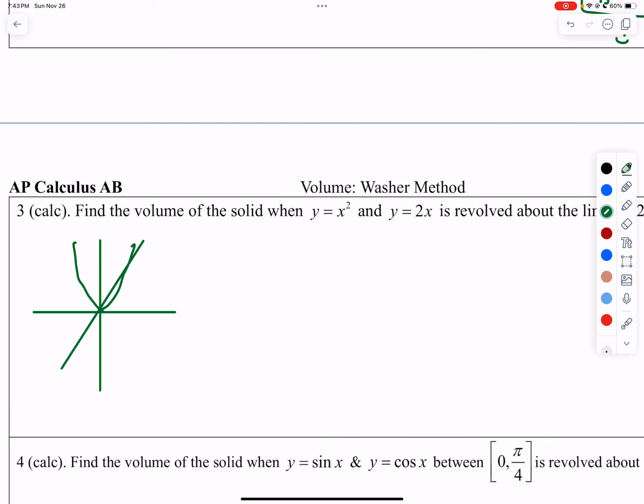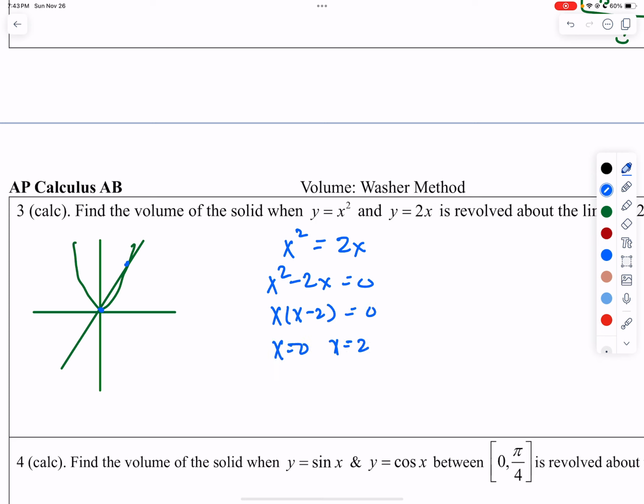Okay. I know that was a bad graph, but you have the intersections there, so that's good. We have x squared is equal to 2x, x squared minus 2x. So, surprise, surprise, x is equal to 0 and x is equal to 2.